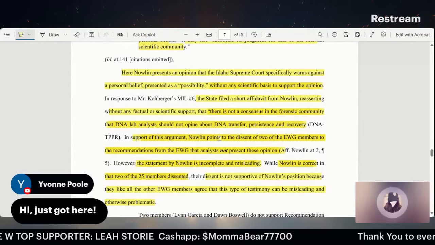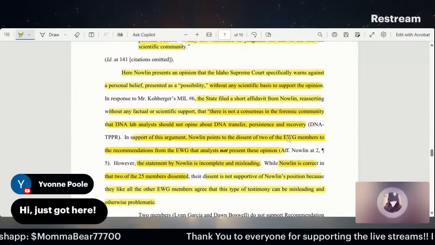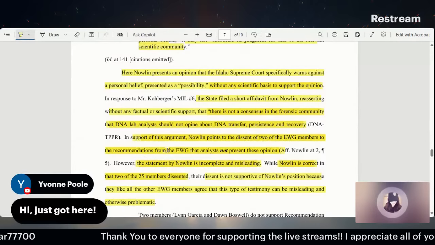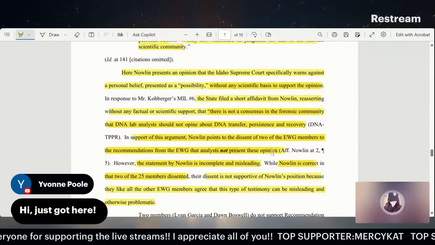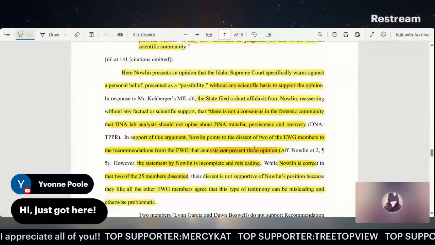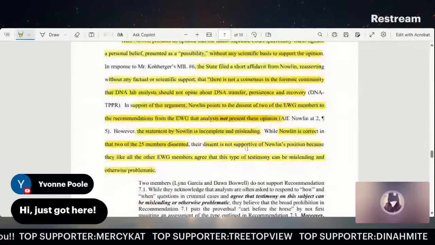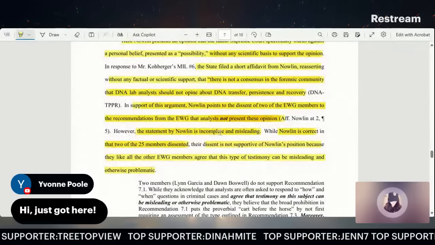In support of this argument, Nowlin points to the dissent of two of the EWG members to the recommendations from the EWG that analysts not present these opinions. However, this statement by Nowlin is incomplete and misleading.